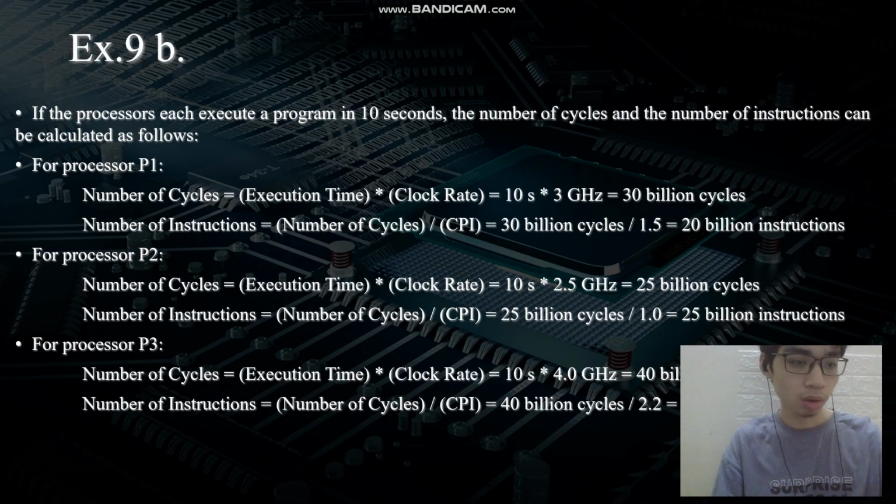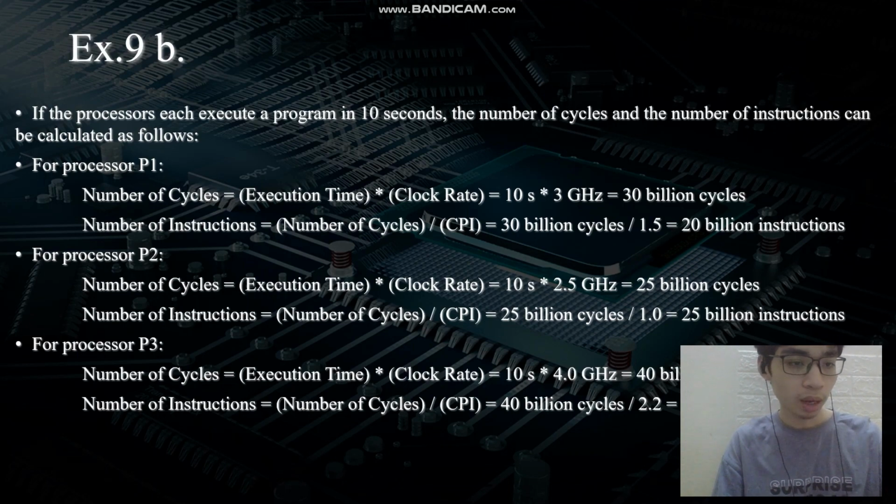I use the formula CPU clock cycle equals execution time multiplied by clock rate, and instruction count equals CPU clock cycle divided by CPI. For P1, I get 3 times 10 to the power of 10 cycles and 2 times 10 to the power of 10 instructions.